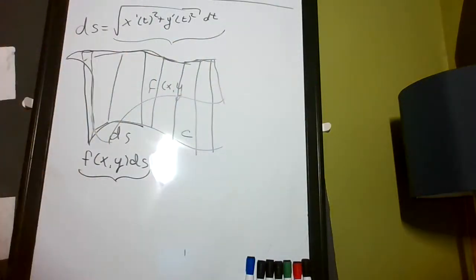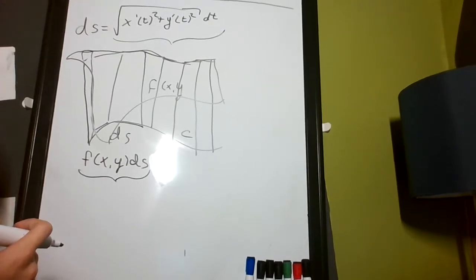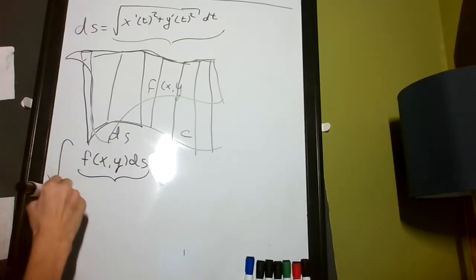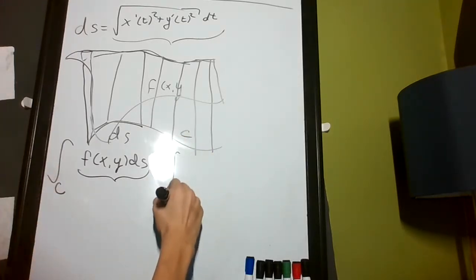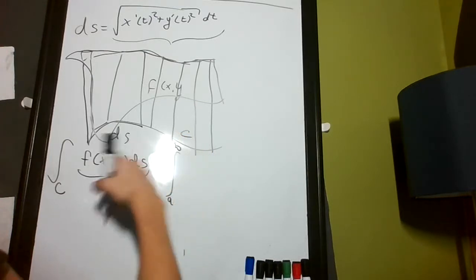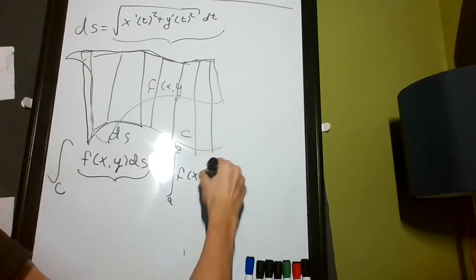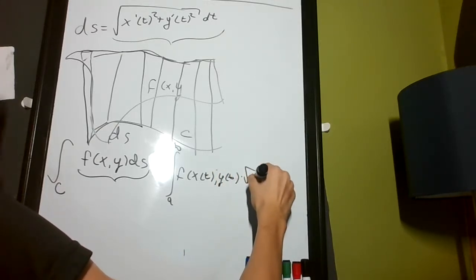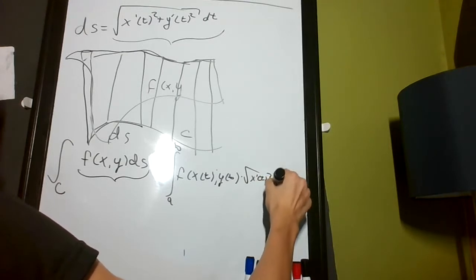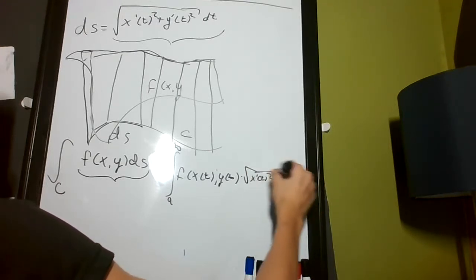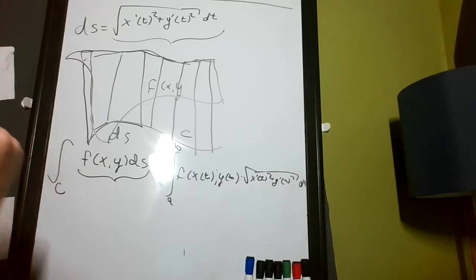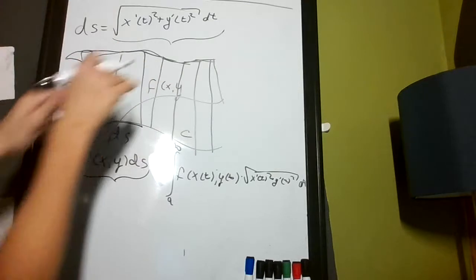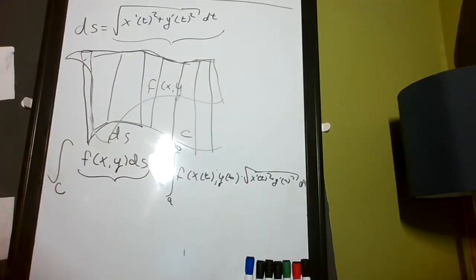And in calculus, a common way to sum over infinitely many things is just to integrate. So this is how we'd write it: the integral from a to b of f of x of t, y of t, times the square root of x prime of t squared plus y prime of t squared, dt. Okay, so this gives you the area between a curve and a surface, and that's the idea behind a line integral.